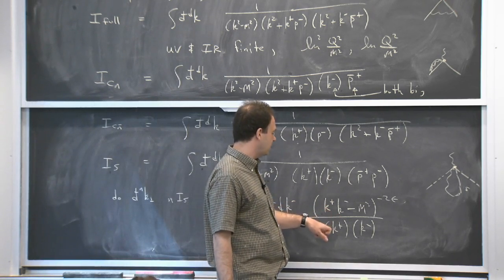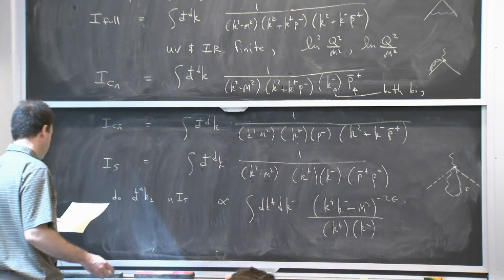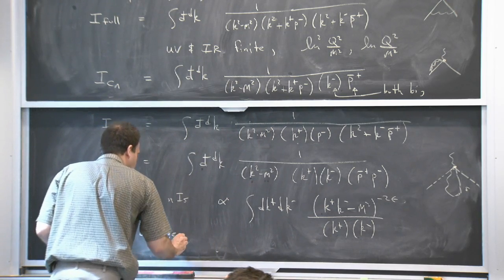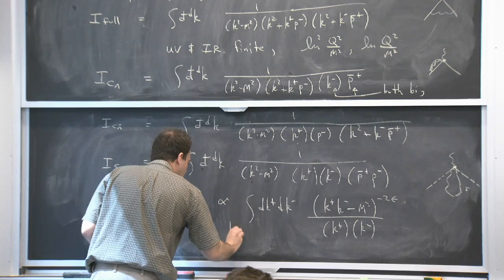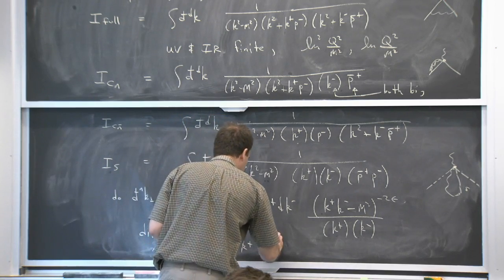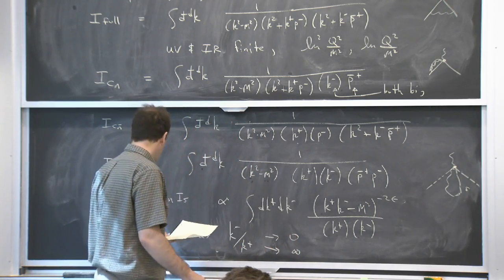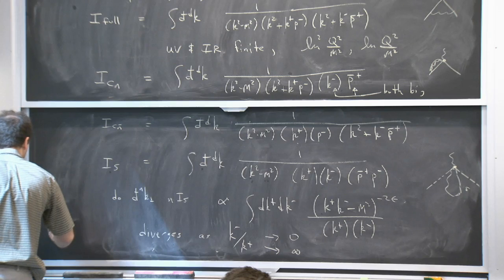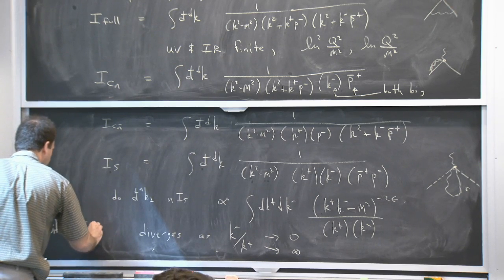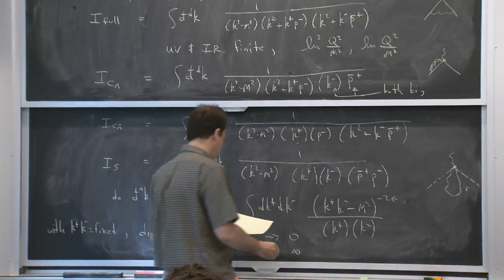If the invariant mass is fixed and k plus over k minus goes large or small. So let me write it as k minus over k plus going to 0 or going to infinity, with k plus times k minus fixed. And it diverges as these things happen.